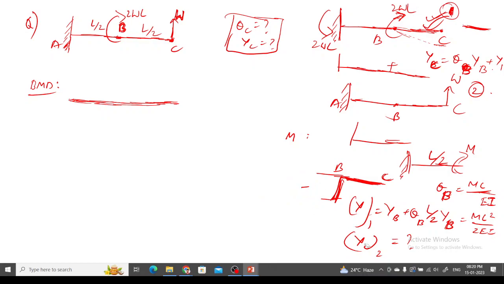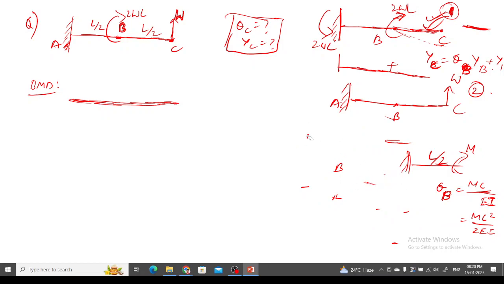So I'm erasing all these things. Please check whether you are getting all these answers, and try different methods so you can validate all the answers by using different methods.